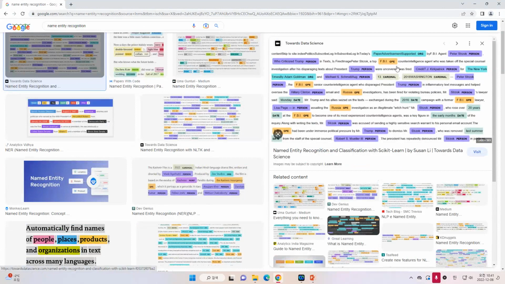I have this text. So when we have a name, then the RNN can understand that this is an organization, ORG. ORG means organization. And then by FBI agent, okay, maybe this is difficult to predict because it is attached to the word by. And then Peter Strokes, okay, the library can indicate that this is a person.